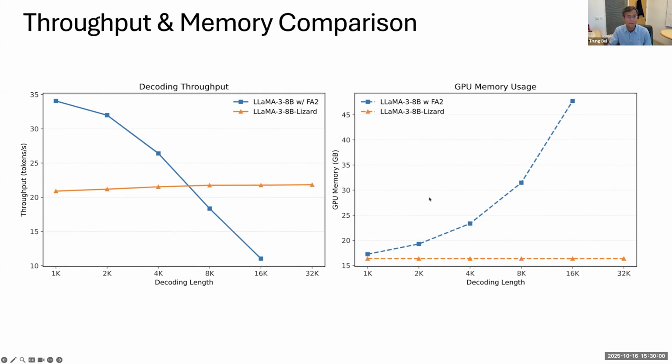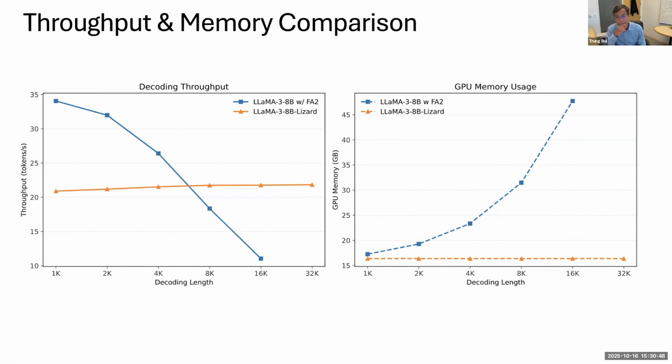As you can see here, when we compare directly with the teacher model, Llama 3 8B with FlashAttention-2, the latest FlashAttention, we see that the throughput of Lizard maintains constant in number of tokens per second, but the full attention model, Llama in this case, dropped significantly at the point when the number of tokens is greater than 8,000.